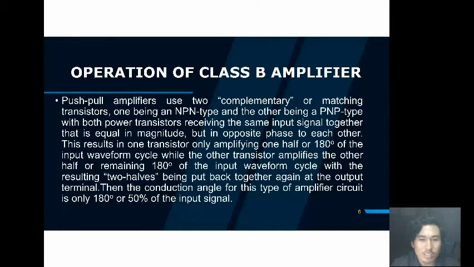This results in one transistor amplifying only one half, 180 degrees, of the input waveform cycle, while the other transistor amplifies the remaining 180 degrees, with the two halves being put back together at the output terminal. The conduction angle for this type of amplifier circuit is only 180 degrees or 50% of the input signal.